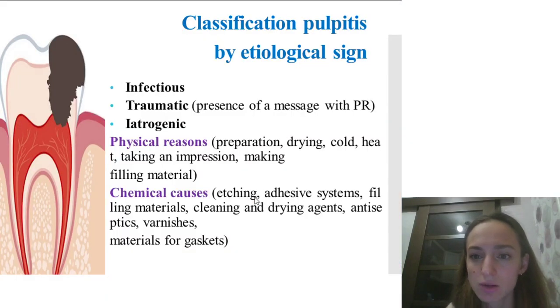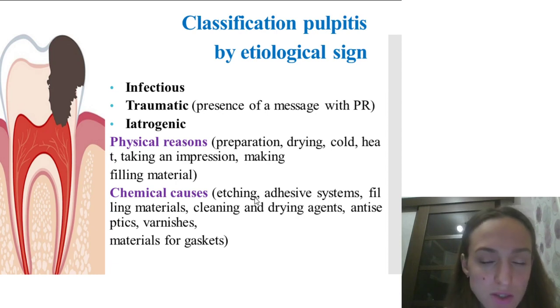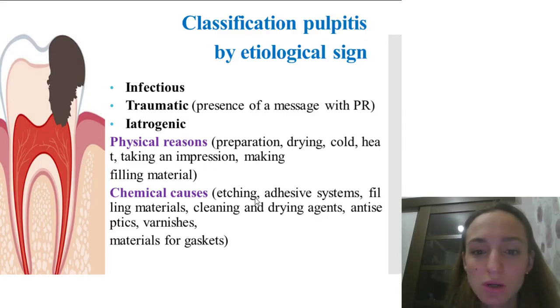So, classification of pulpitis by etiological sign. You should know that infection is the most common cause of pulpitis. Microorganisms penetrate into the pulp chamber from the carious cavity. Mechanical trauma is the second leading cause of pulpitis.